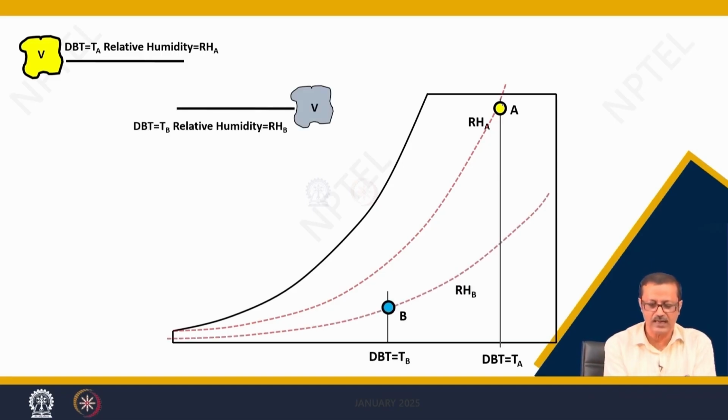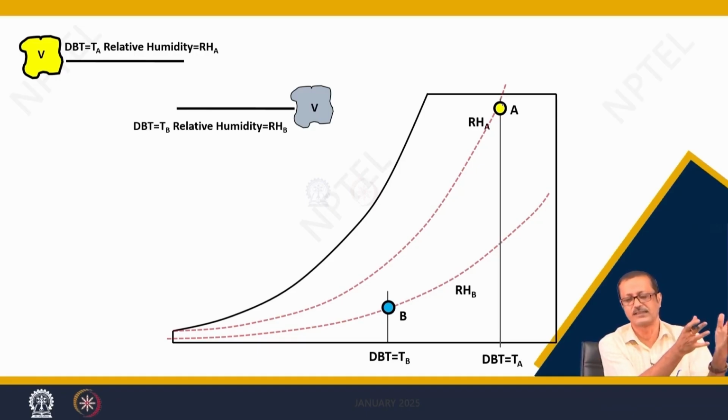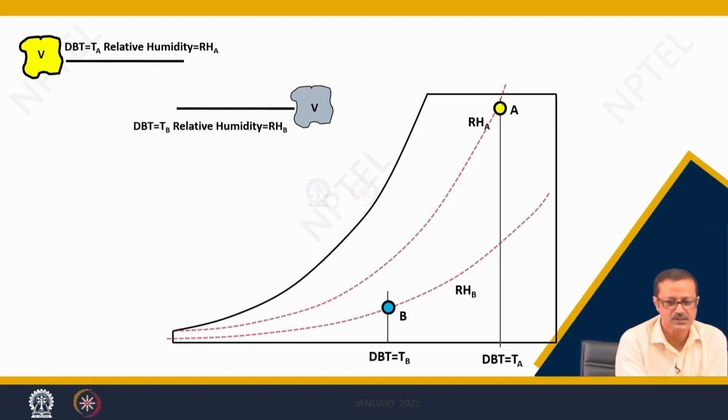Similarly, I can plot another point B if I give you another set of data, where the DBT of the particular air has to be a little bit cooler, T B, and the relative humidity also may be a little less, that is RH B. Imagine it is very humid and very high temperature air outside, maybe 38 degree and 80% humidity.